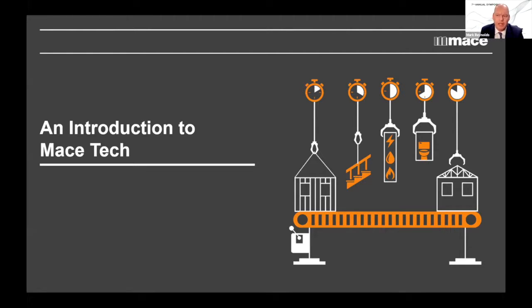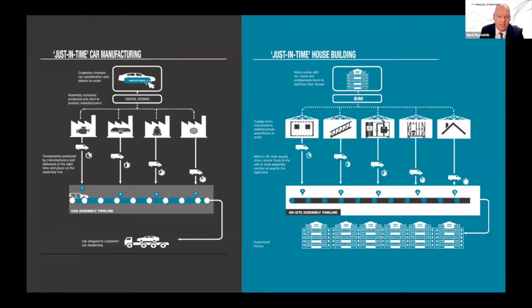So this company is a subsidiary company within our overall business called Mace Tech. Like anything, I have a phrase: stealing one person's idea is plagiarism, and stealing many is research. So I hope like many of you today are researching.